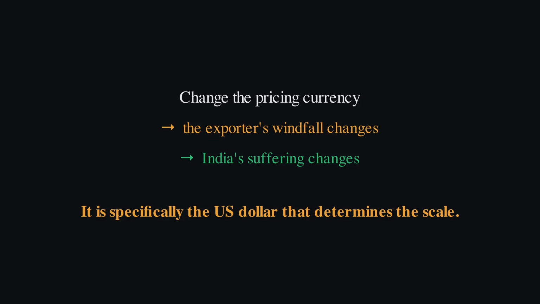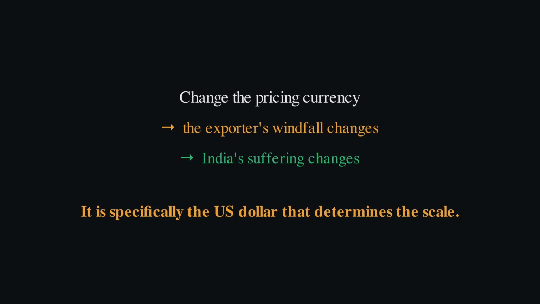If crude oil were priced in euros at €1 per barrel, India would only need to pay 15 rupees, 15 baskets, for 1 barrel. The Gulf exporter would also receive only 15 baskets worth of purchasing power, not 30. Change the pricing currency and everything changes. The exporter's windfall shrinks. India's burden shrinks. This is the proof. It is not merely that oil is a commodity.